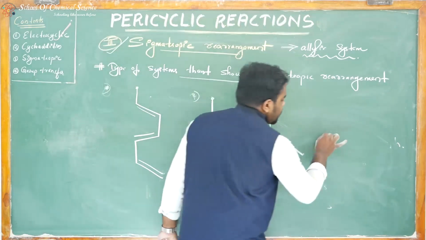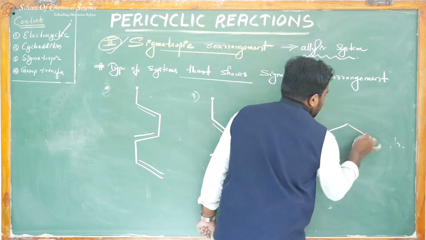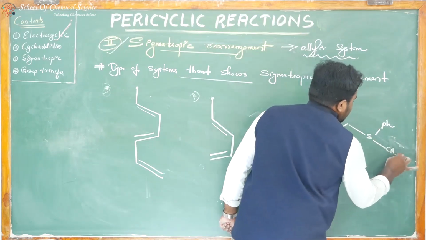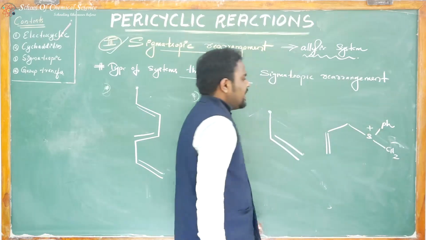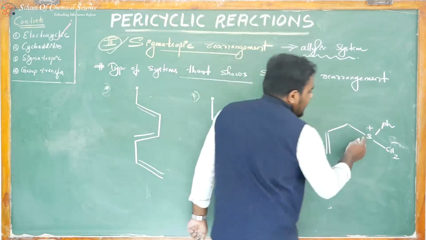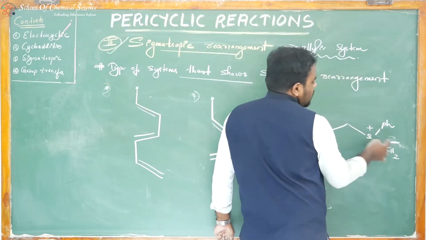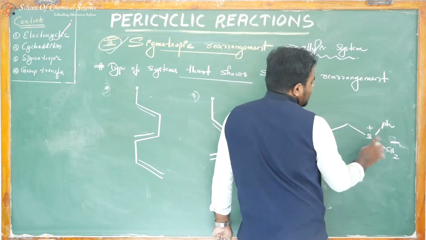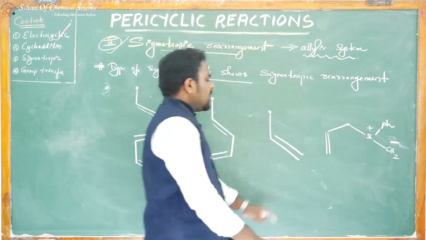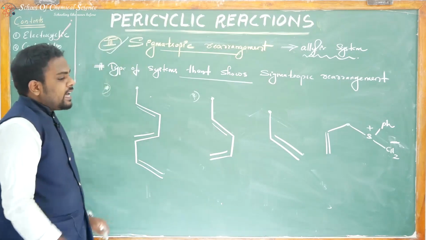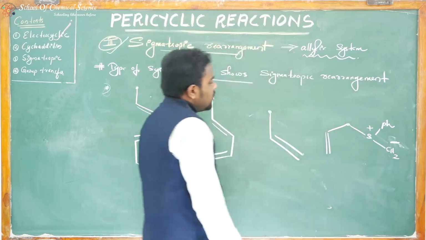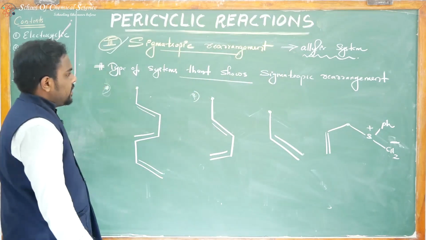Then another one. Instead of sulfur oxide, a sulfur ylide is given. S plus CH2 minus, two charges on neighboring atoms. This is a sulfur ylide and this carbon is an allylic carbon. So definitely that sulfur ylide also shows sigmatropic rearrangement.